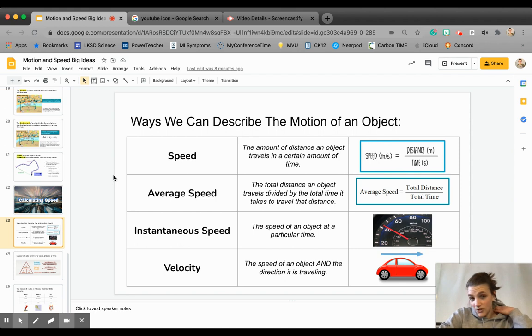Now, in other questions, you're going to be asked to calculate the velocity, and don't freak out at this point. This isn't something new and different. The only difference is that you need to calculate the speed and then look at what direction the object was traveling. So an answer that would represent velocity could be the car was traveling 25 miles per hour north of town.